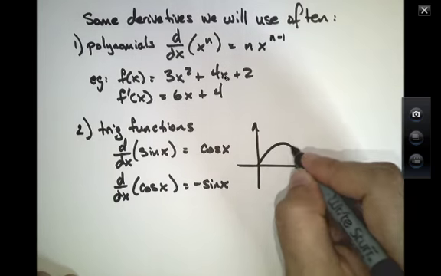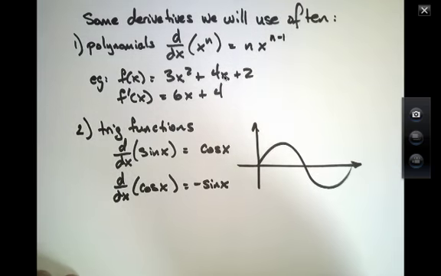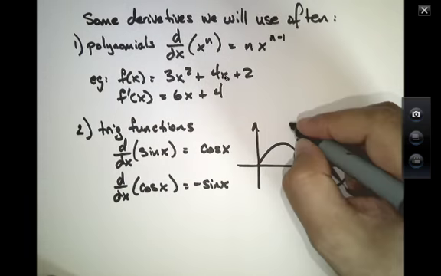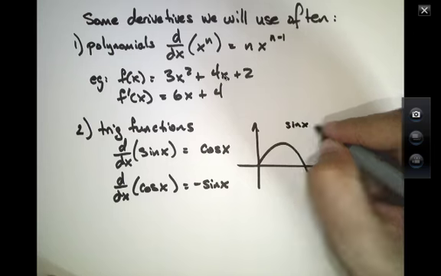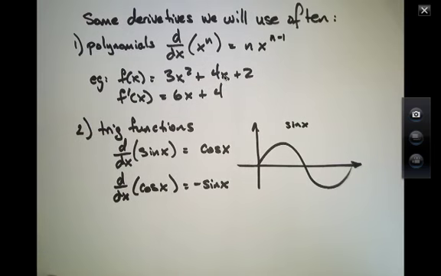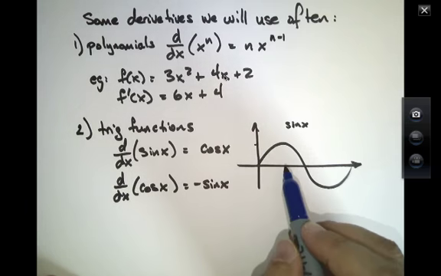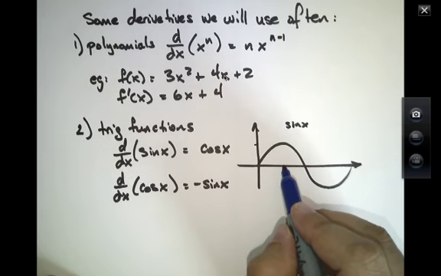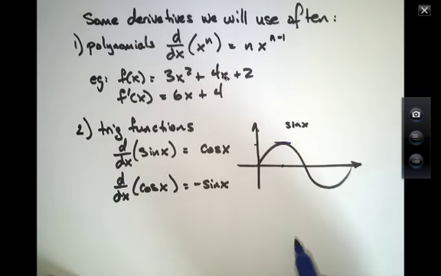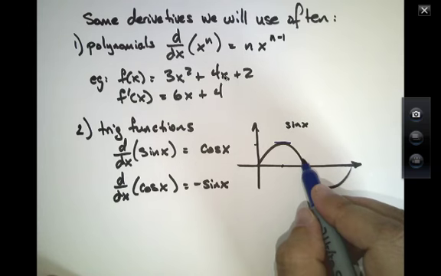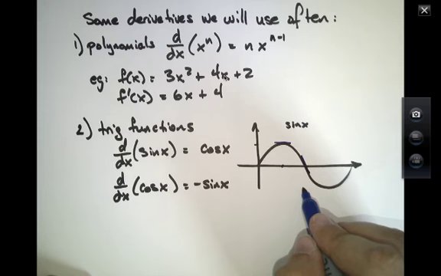If this is the sine, its derivative is initially large and positive. So it should start out up here. Right here, the derivative should be 0 because the tangent line is flat, so that should be right there. Right there, the derivative should be large but negative because the tangent line looks like so.